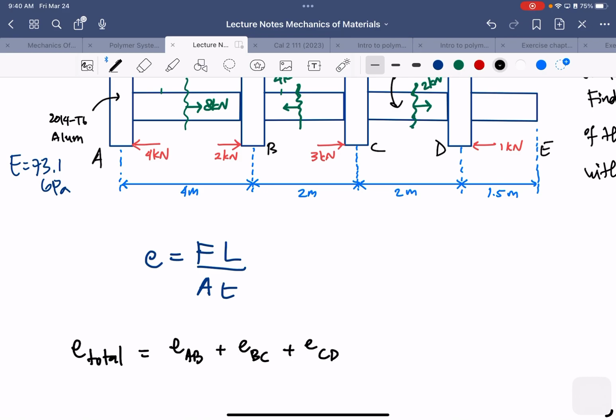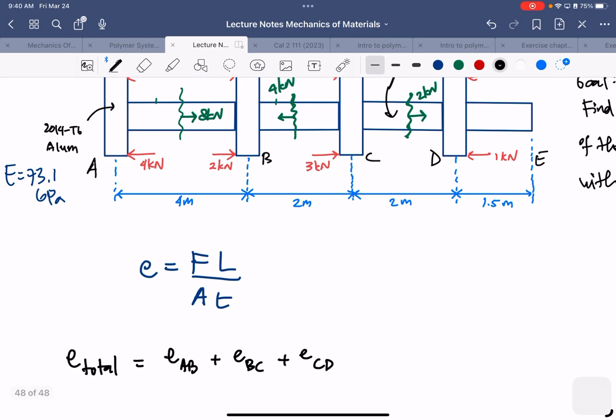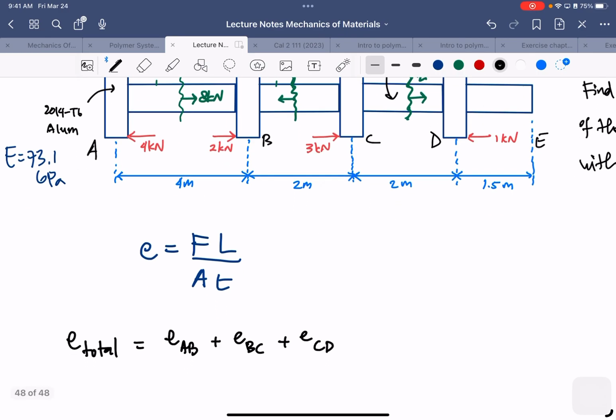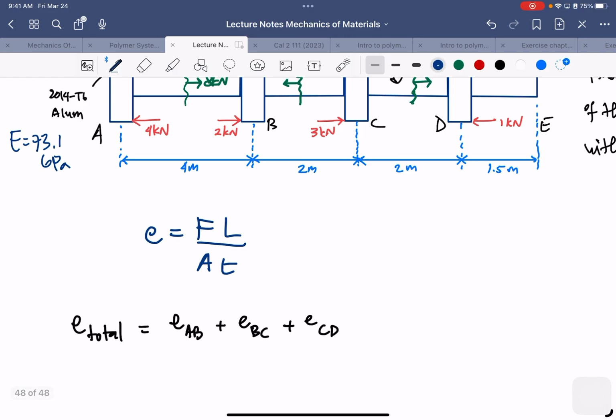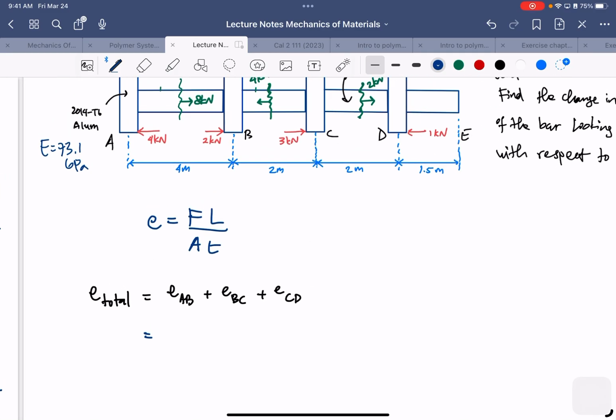Only 3 members, because the last member has nothing there. Then we move to the calculations, all in kilonewton, so it's 8,000.